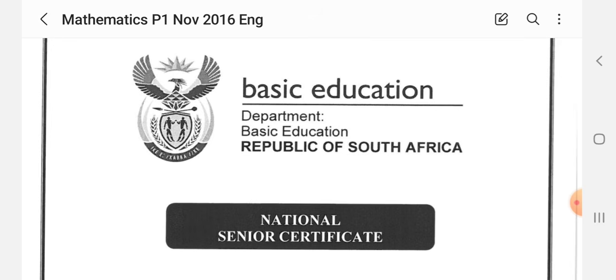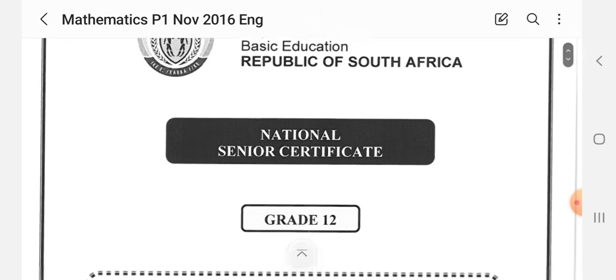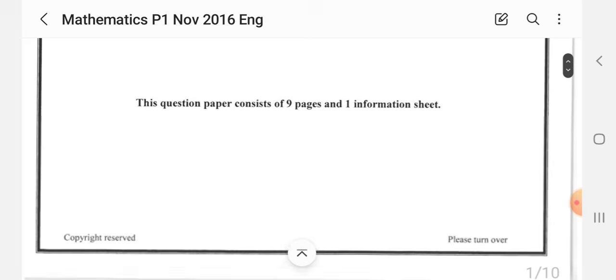So we will just be doing question 1 up to question 6, meaning we'll just be covering functions, all functions questions. We will cover your patterns, series and sequences, and then we will also cover algebra and exponents. So without wasting any of your time, let's get into this paper.